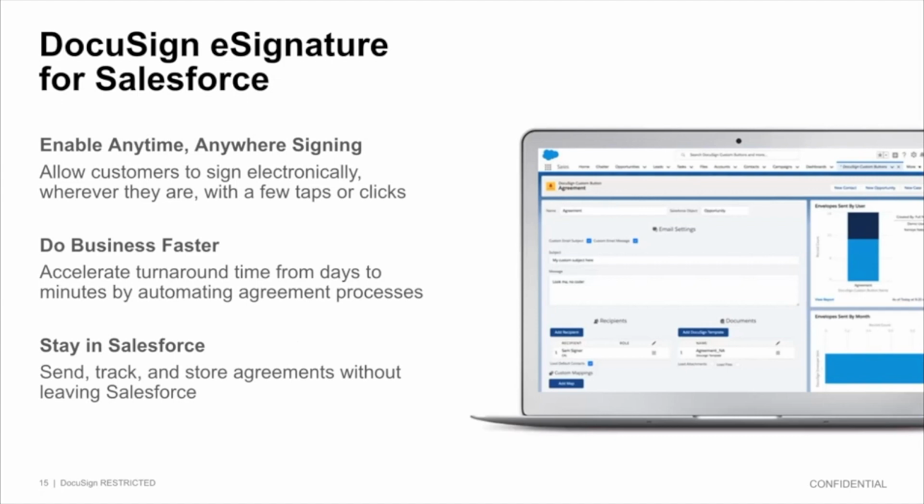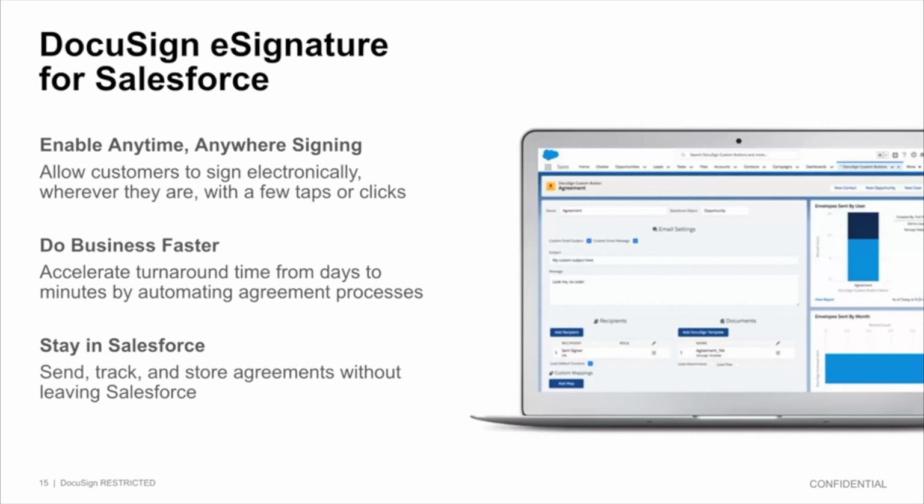And by automating, we'll talk about that in a bit, but basically taking all of your Salesforce data that's relevant to an agreement and bringing it directly into the agreement automatically, automating all that process of not only bringing the data in, bringing it into the document, sending it out, bringing that data back into Salesforce where it's done. And again, all within the Salesforce environment.